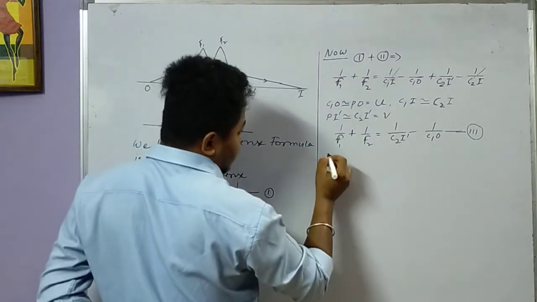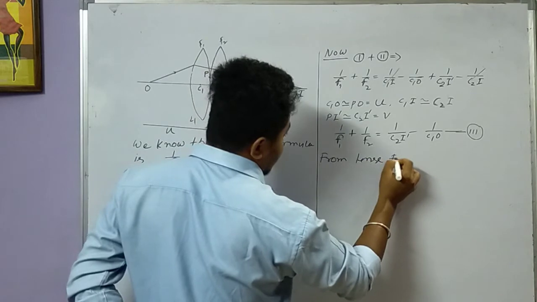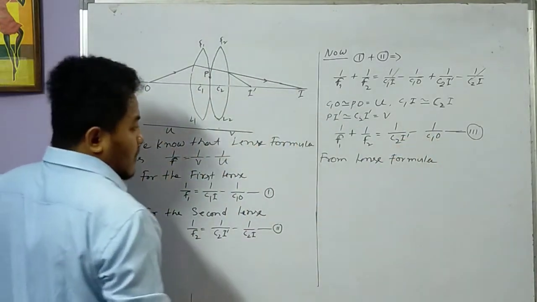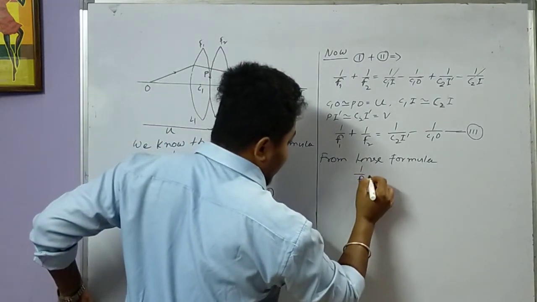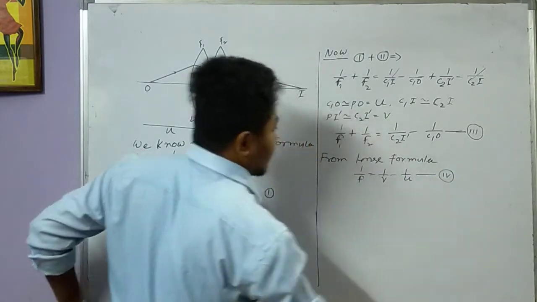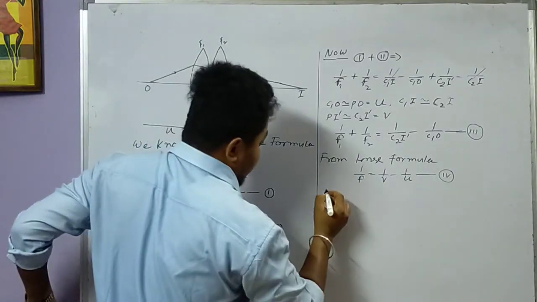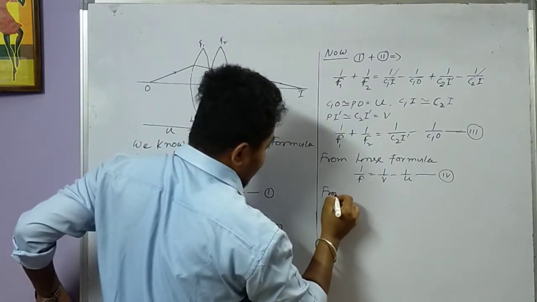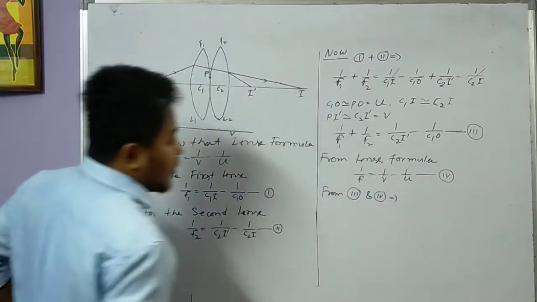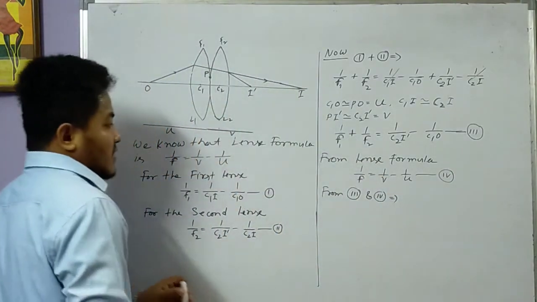Now again, from lens formula we got that 1 by f is equal to 1 by v minus 1 by u. This is equation number 4. This is from the lens formula, we know it. Now comparing 3 and 4. I have just missed out one line in this case, I'm sorry.